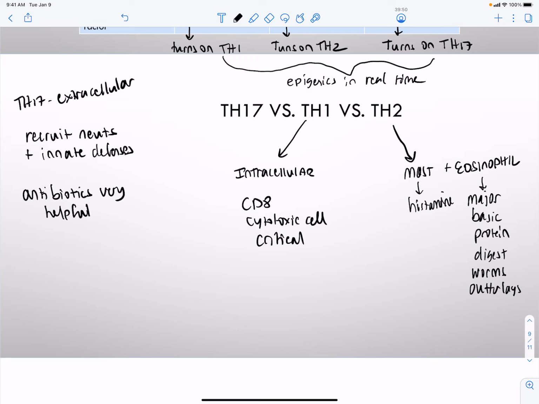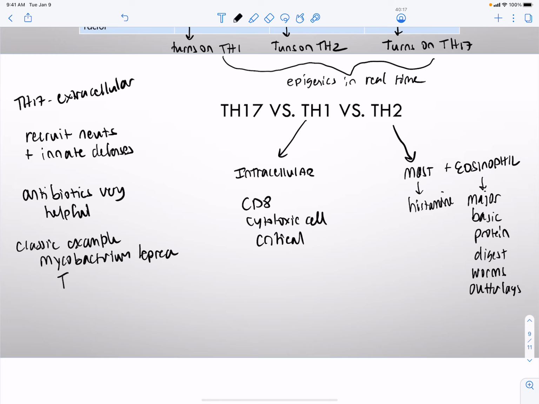And so really the type of immune response you need is dependent on the type of pathogen, and it's very important to get those correct, because if you don't, then you can potentially have the wrong immune response for the wrong pathogen. A classic example is Mycobacterium leprae.